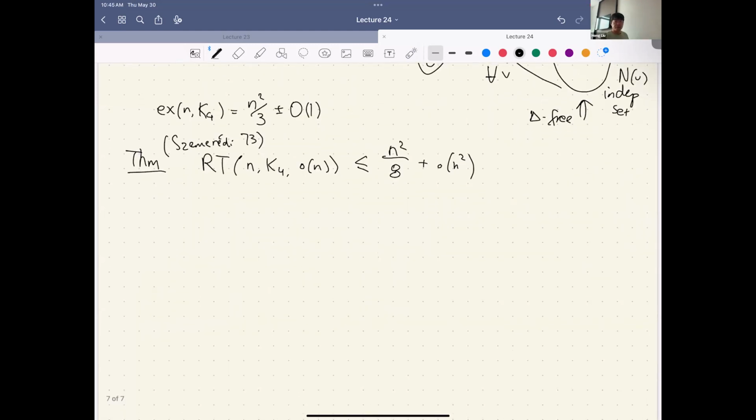Before I prove this, let me first remark that this bound is optimal. The Ramsey-Turán density, in other words, remark this is the optimal bound, because later Bollobás and Erdős provided a matching lower bound construction.